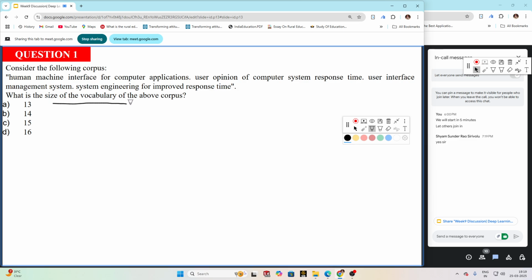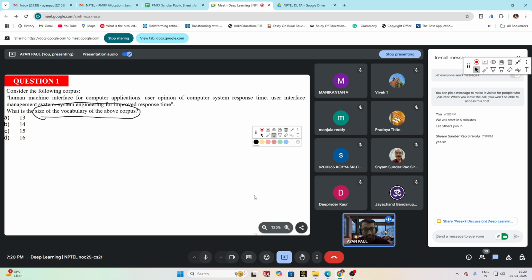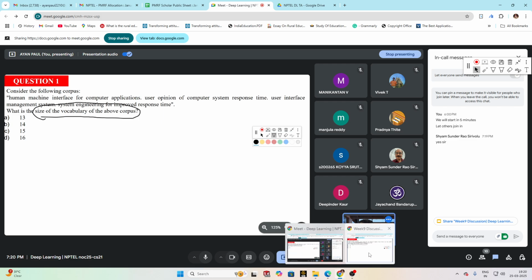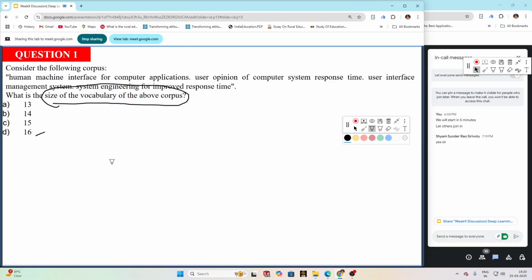What is the size of the vocabulary of the above corpus? Any guesses? 16. Okay, so let's see.